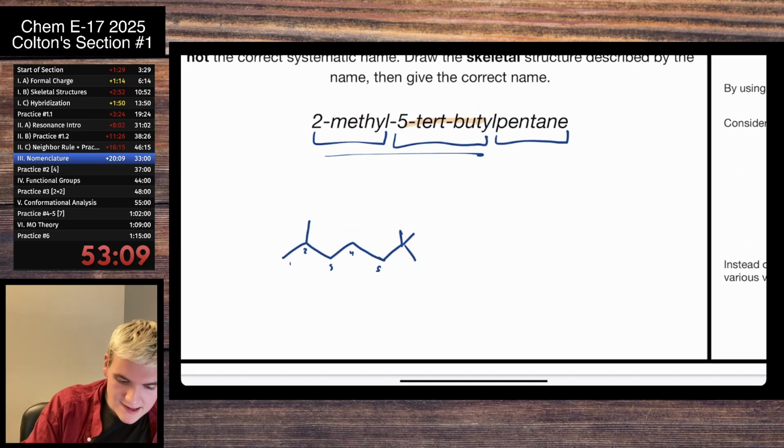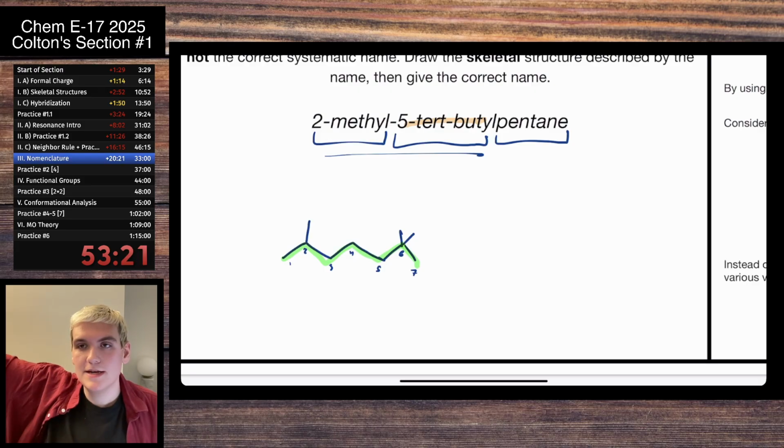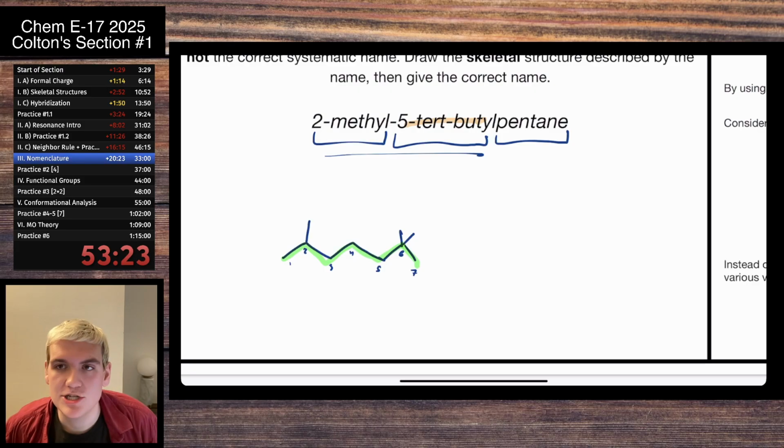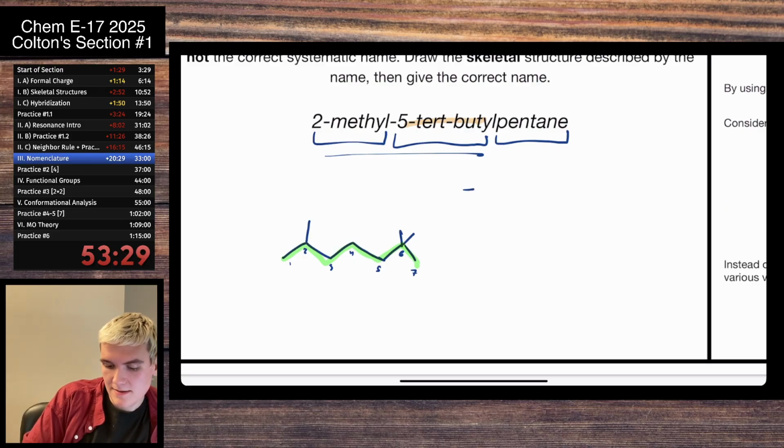Yes, there is a 5-carbon chain here, but then there's also 6 and 7. Altogether we have 7 carbons as our longest chain. So why would you call that a tert-butyl when it could be part of the parent chain? That's the idea here. Now that we have a 7-carbon chain, our parent name is going to be heptane.